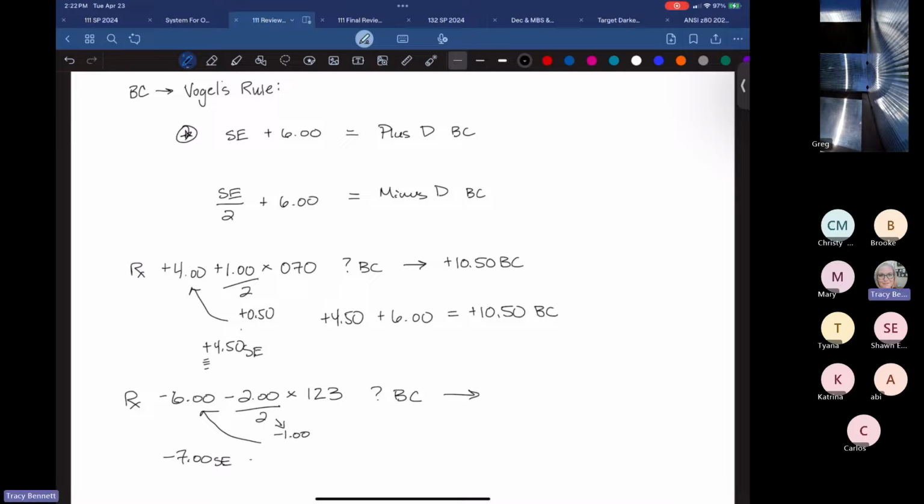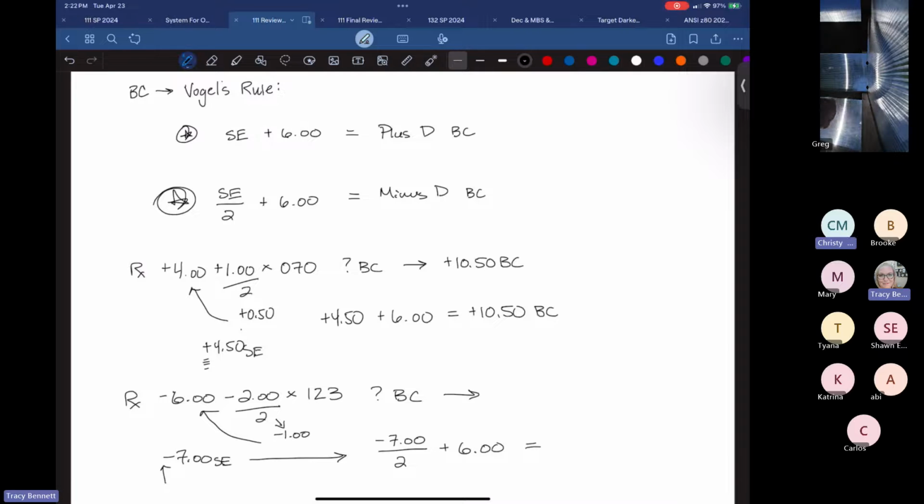So now we take that, and that is a minus powered lens, right? You see the minus, so we're going to use the minus powered formula. We take that spherical equivalent and divide it by 2 and then add the 6.